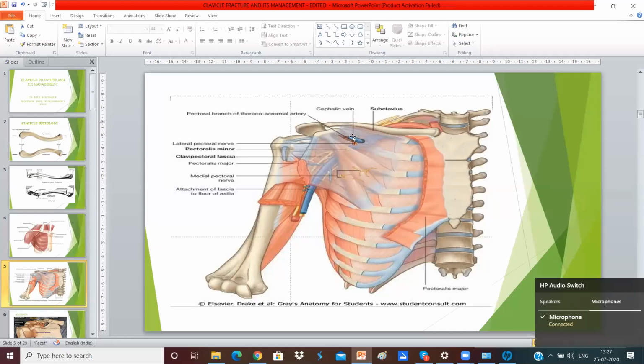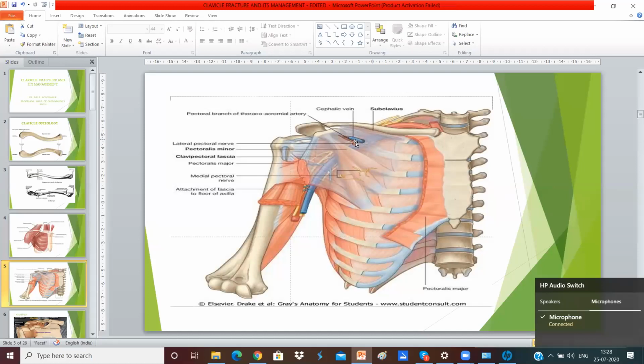Then there are various important structures. One should understand that just beneath the clavicle, we have important structures lying: your brachial plexus, along with the important vessel, the subclavian artery. These are very intimately related to it, particularly the middle part of the clavicle, the beneath part of the clavicle.